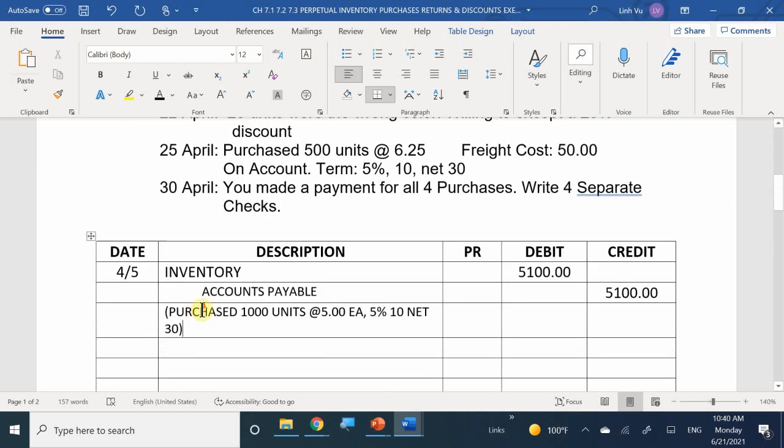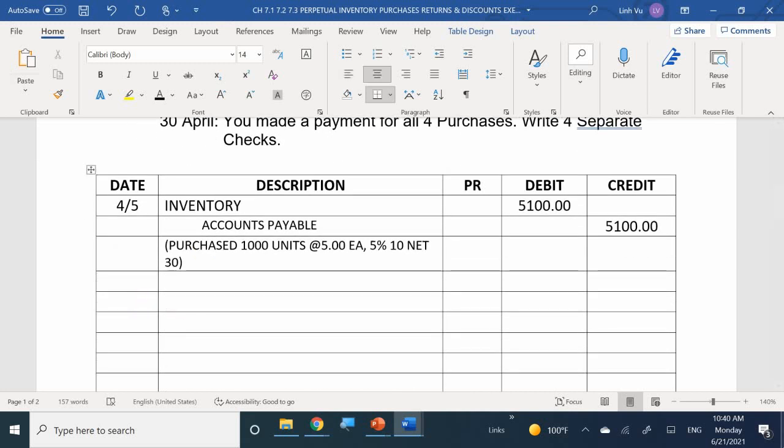So how did I pay for it? If I'm going to get a full refund, accounts payable. Good. We're going to reduce accounts payable because I didn't make a payment yet.